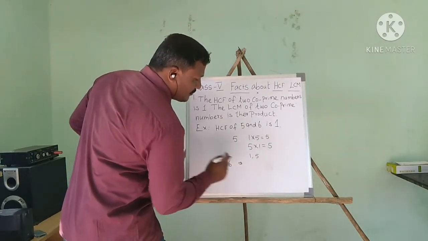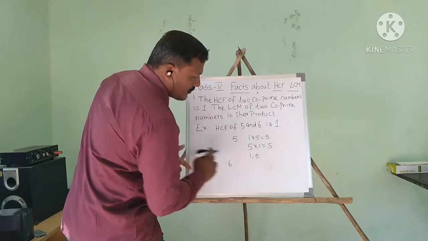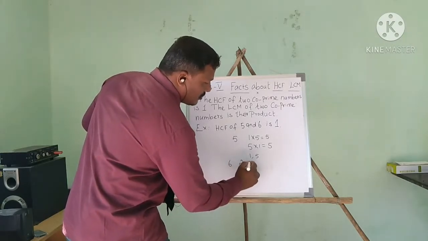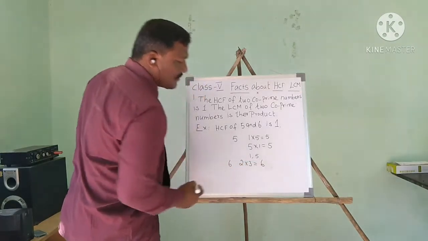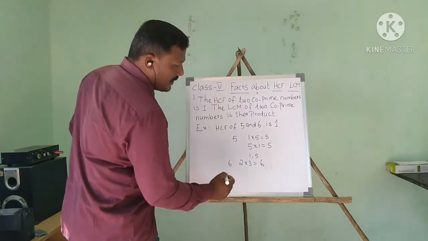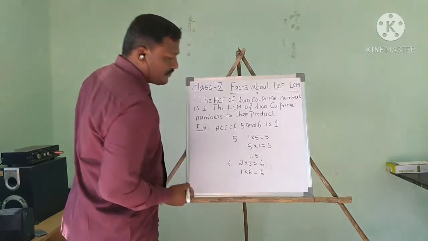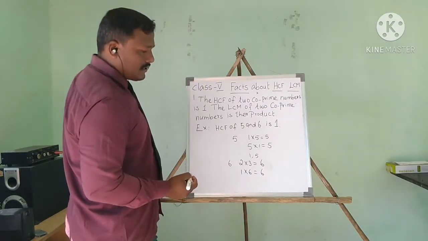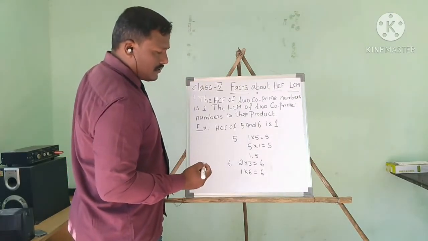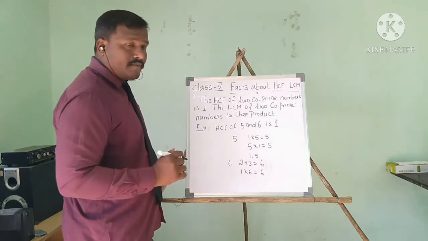2 3s are 6, and 1 6 is 6. There is no other factor.